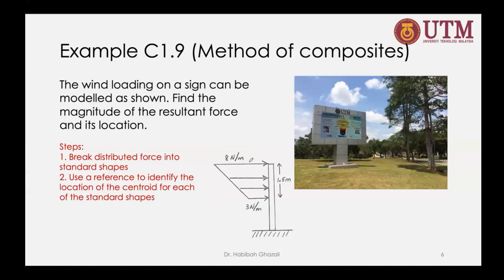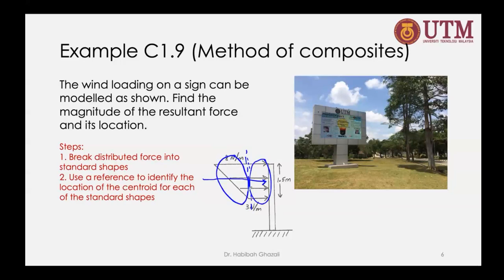So what you can do is divide this into 2. You find the resultant force for this shape first, and then find the resultant for this shape. For the first one, we can say that the centroid will be at the center of this billboard.